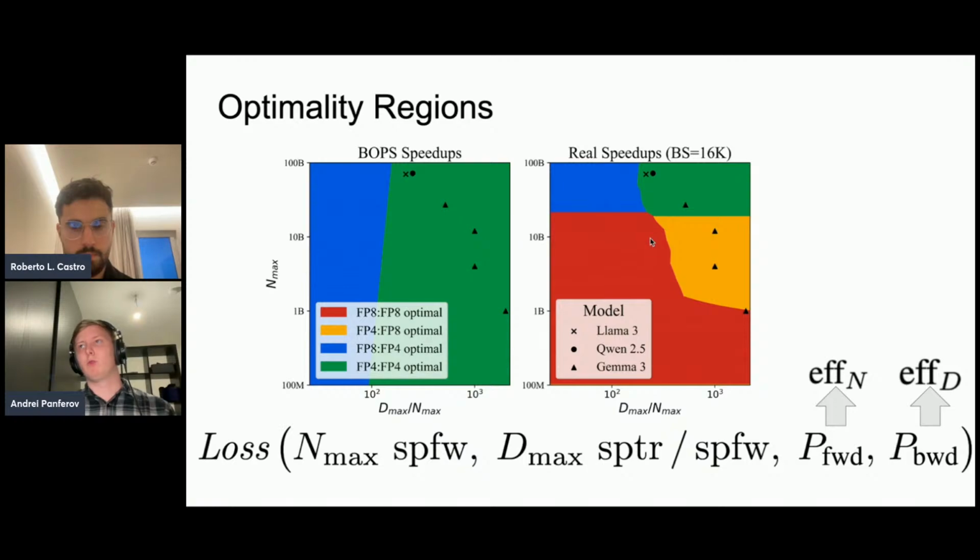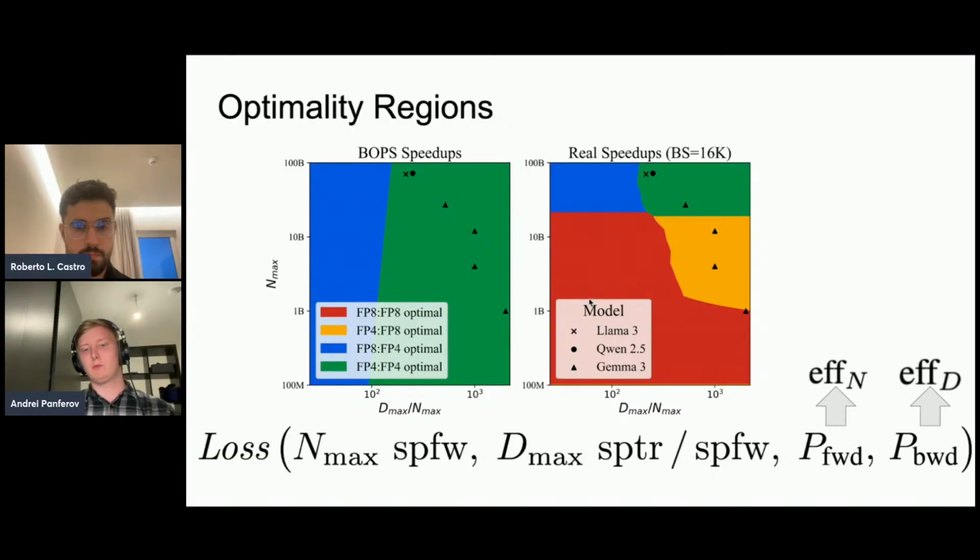And on the plot on the right, you can see these regions plotted under the real measured speedups for the kernels that we produced, meaning that these regions show under real world inference speed, which compute cost normalized method would produce better accuracy under certain compute constraints.